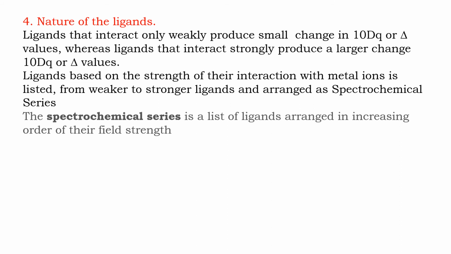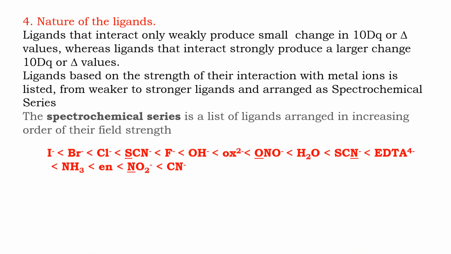So we could define the spectrochemical series as a series in which the ligands are arranged by the increasing order of their field strength or ability to split the d orbitals. I am giving you a brief description of that one. See, I minus is a weak ligand while CN minus is a strong ligand. So this order is called the spectrochemical series, and I am giving only very few ligands here. I minus and Br minus are weak ligands.